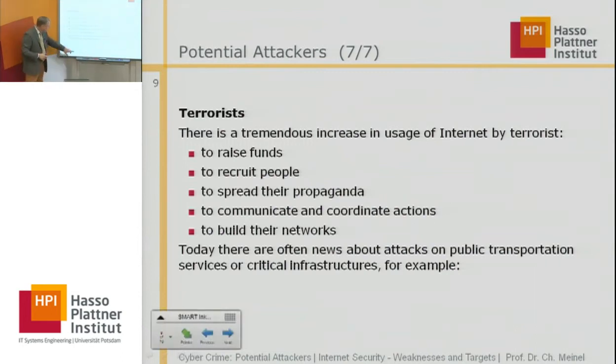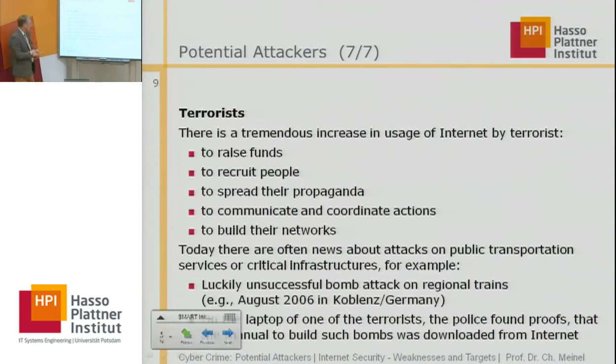Today there are often news about such attacks against public transportation services or against critical infrastructure like power lines and others. One example from the year 2006 was that they prevented a bomb attack on a regional train in Koblenz, in southwest Germany. Luckily, this bomb attack was unsuccessful.